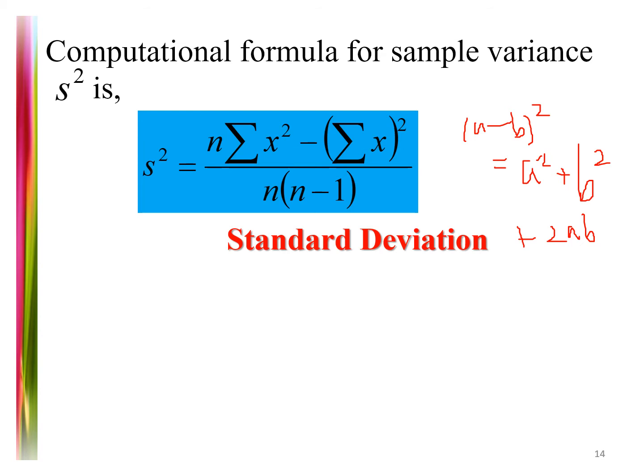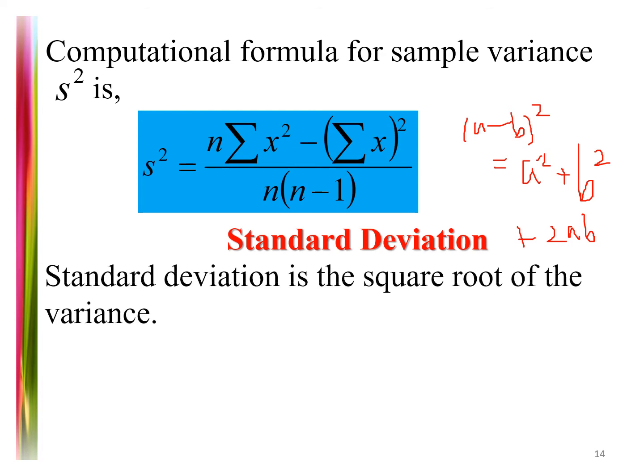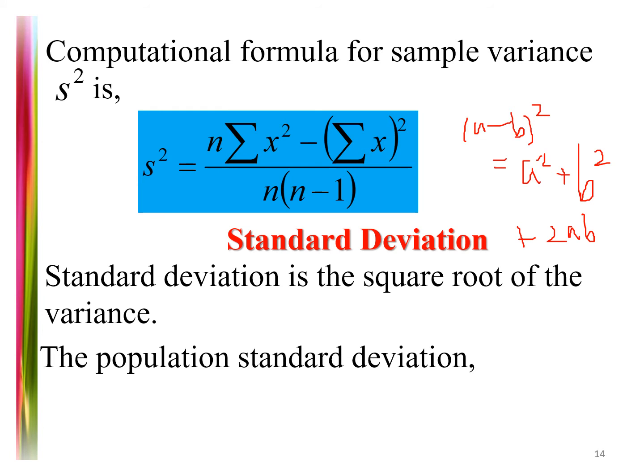Okay, next, standard deviation. You know the relationship between standard deviation and variance: the standard deviation is equal to the square root of the variance. If we consider population standard deviation, we denote population variance by sigma squared, so the population standard deviation is the square root of sigma squared, which equals sigma.